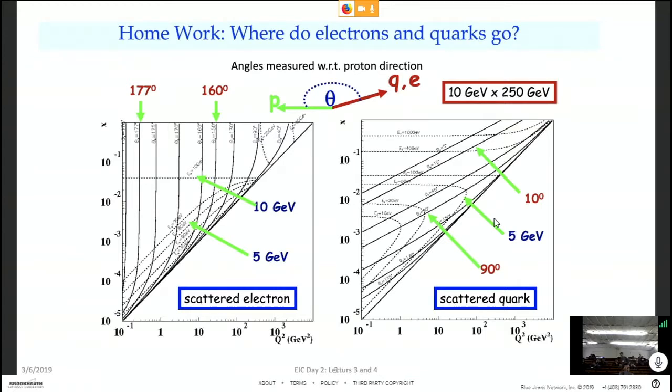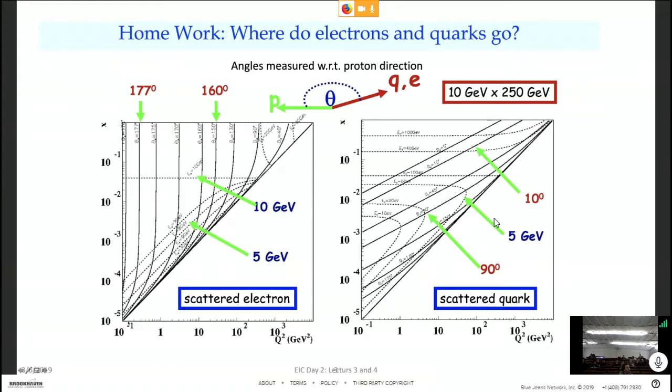On this kinematics, on the left side, you see 177. The line that continues below there is the line of constant angle at various values of x. But these are all at q squared of about 0.01 or 0.02.